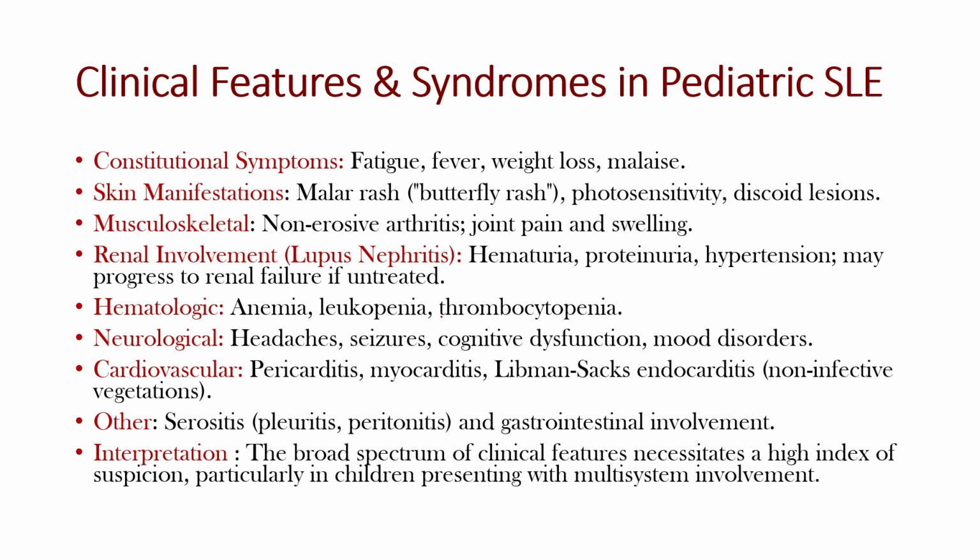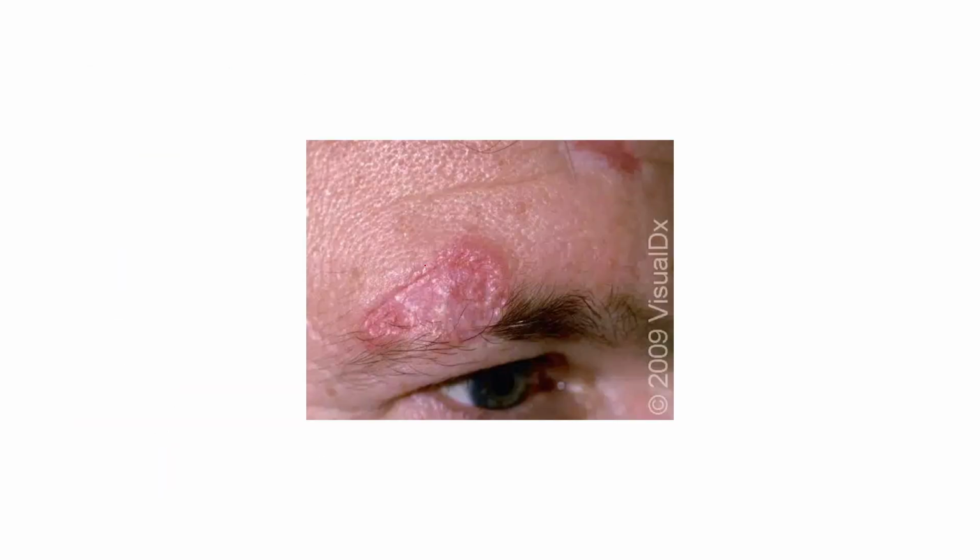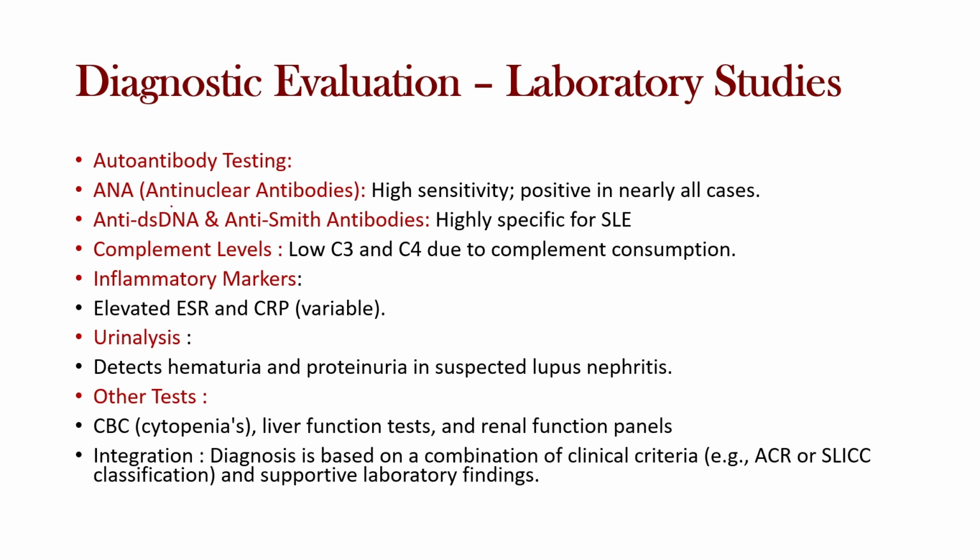Neurological: headaches, seizures, cognitive dysfunction, and mood disorders. Cardiovascular: pericarditis, myocarditis, Libman-Sacks endocarditis, which can be seen in echo. And we will have pleuritis, peritonitis, and GIT problems. So these are the rashes and lesions that we'll see.